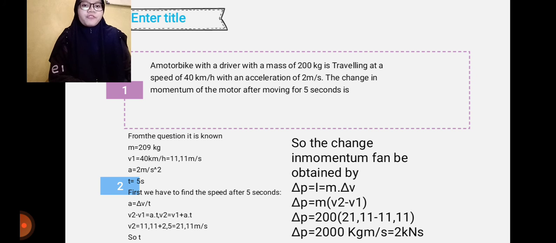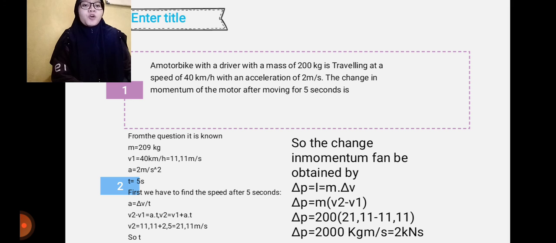First, we have to find the speed after 5 seconds. a is Δv divided by t, where Δv is a multiplied by t. Velocity 2 minus velocity 1 is a multiplied by t, where velocity 2 is velocity 1 plus a multiplied by t. Velocity 2 is 11.11 plus 10, which is 21.11 meter per second.